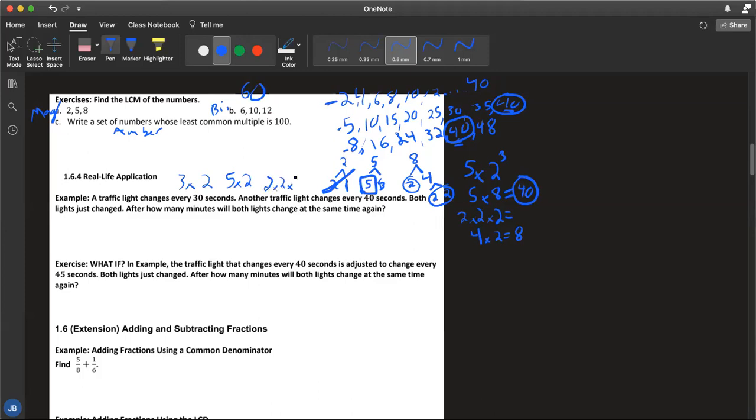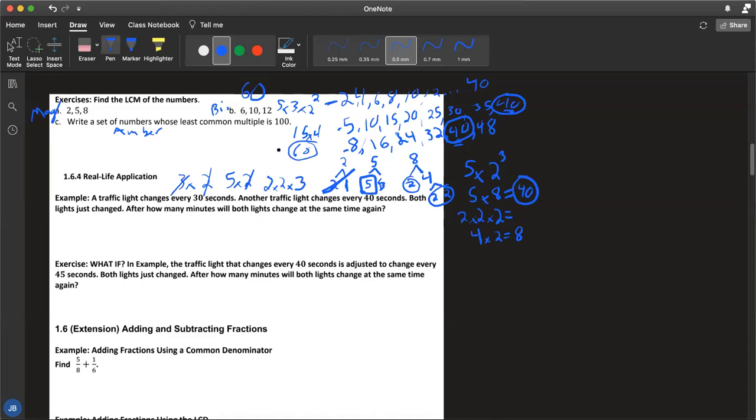Perfect. And so you crossed out these 2's, 2 and 2, and then crossed out 1, 3, right? So then you were stuck with 5 times 3 times 2 squared, right? So that equals 60. 15 times 4 is 60. Perfect. Great job, Brian.